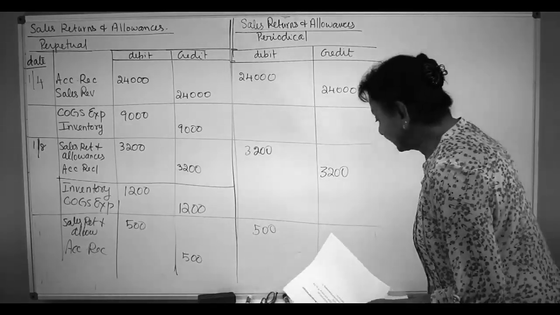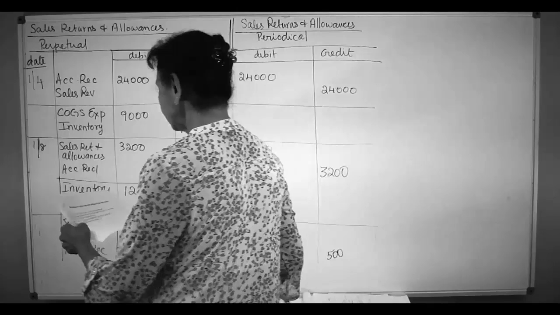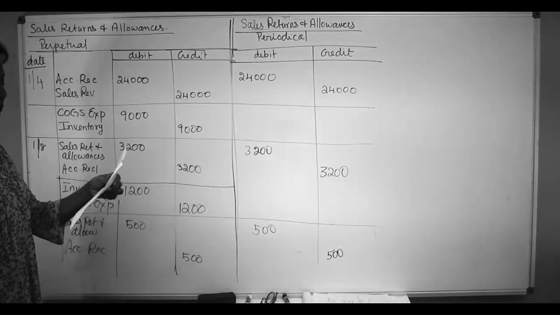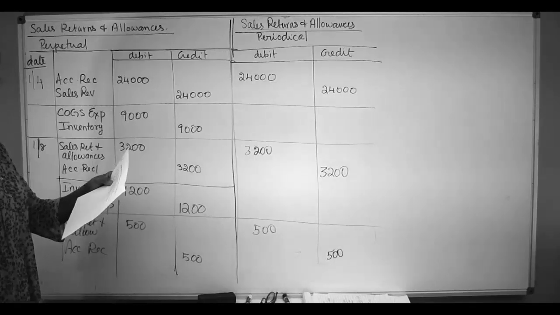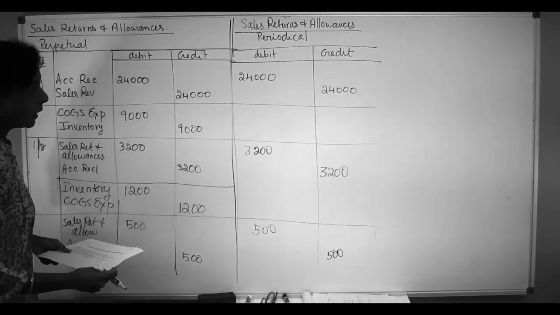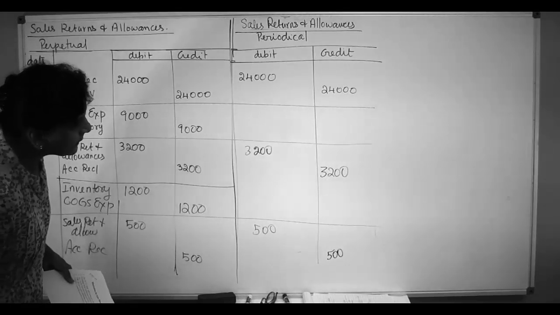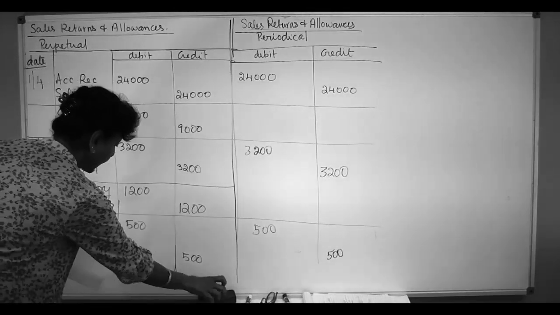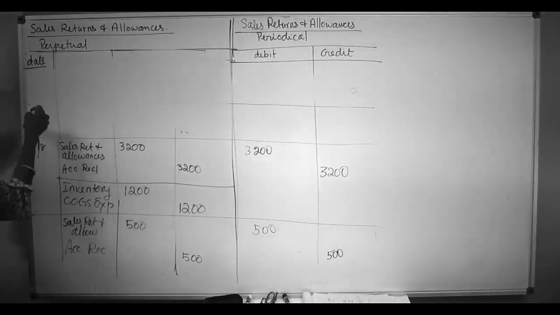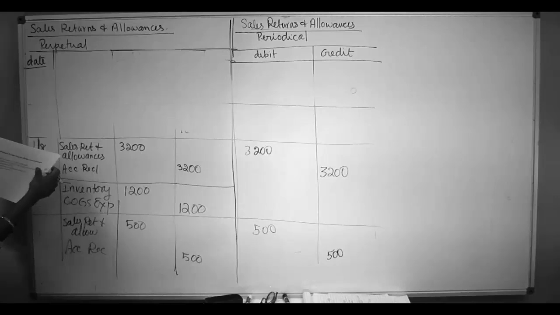And finally, the last entry, the customer paid the amount owed on January 12th. Okay, I'm going to erase the first one. I'm going back to the top because I don't have any space in the bottom.